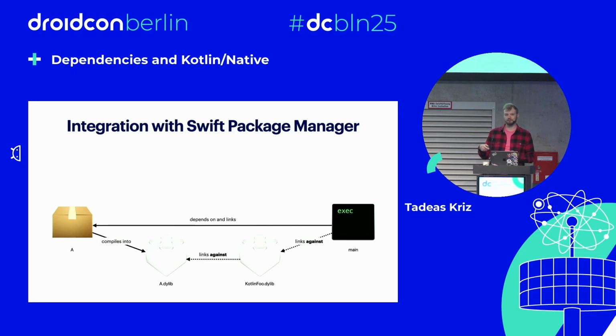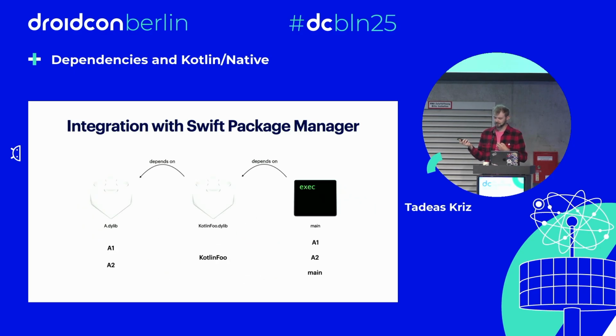But when you use CocoaPods, or in different way you use Kotlin native, and you want to build your Kotlin native as a dynamic library, you usually depend on other dynamic libraries. You don't put everything in. And so your A dependency gets compiled for Kotlin into a dynamic library, and you depend on it, and you link against it. And then the main links against your foo, but it depends and links into itself A.